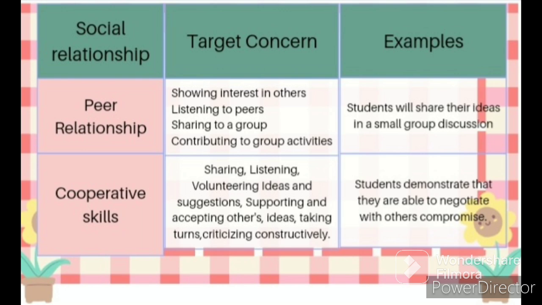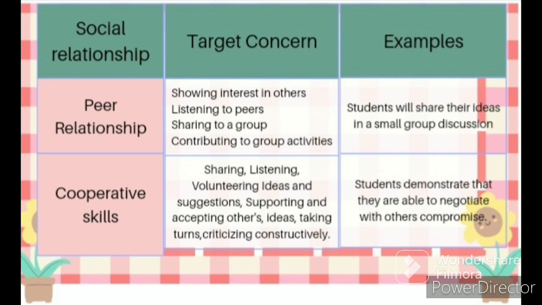The second one is cooperative skills. The target concerns in cooperative skills are the following: sharing, listening, volunteering ideas and suggestions, supporting and accepting others' ideas, taking turns, and criticizing constructively. Here is one of the examples of cooperative skills: students will demonstrate that they are able to negotiate with others and compromise.